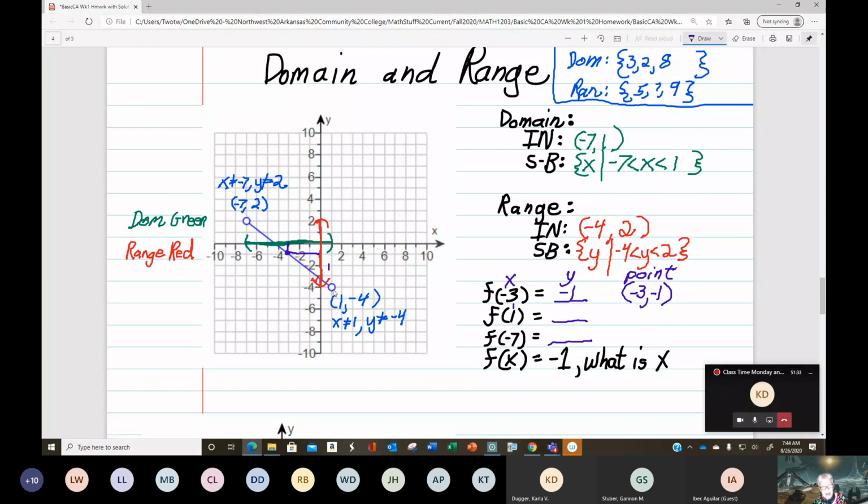However, and I didn't even notice this, f of 1 does not exist. And so you would say, does not exist.